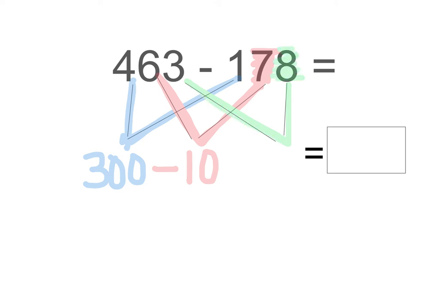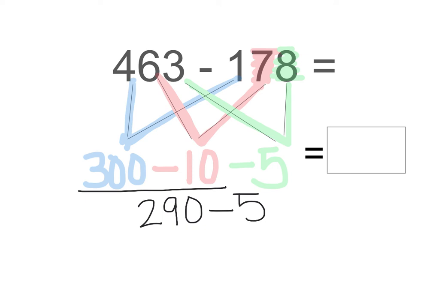Notice the 8 is larger. So 3 subtract 8 is a negative 5. Combine your parts together. So 300 minus 10 puts you to your partner of 90. So 290 minus 5. Again, 90 subtract 5 is 85. So we have 285.